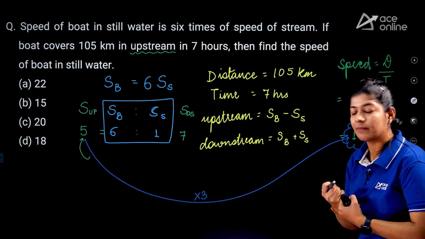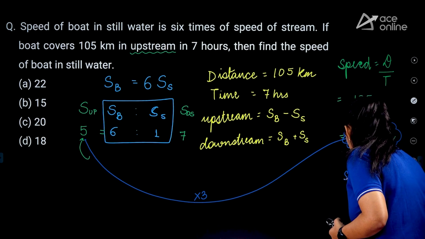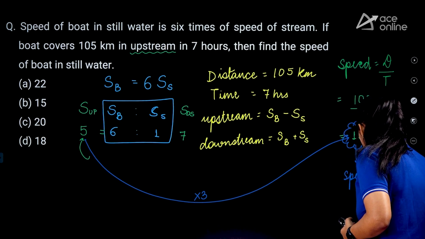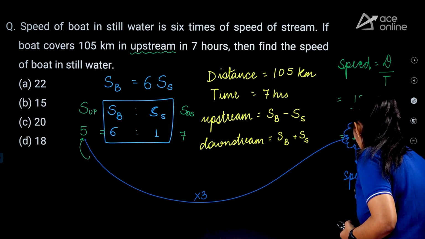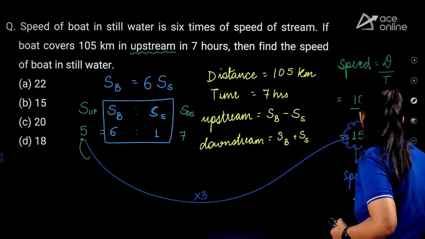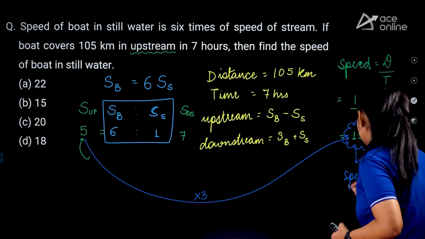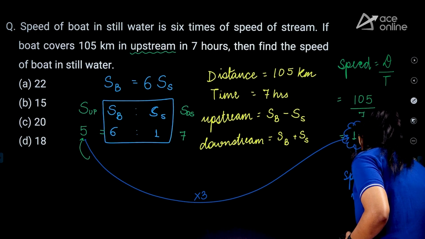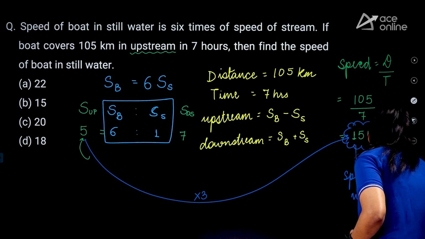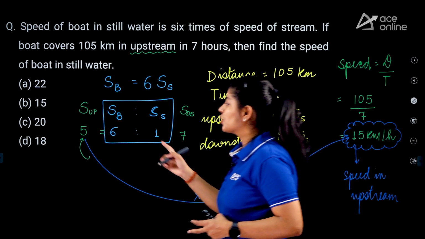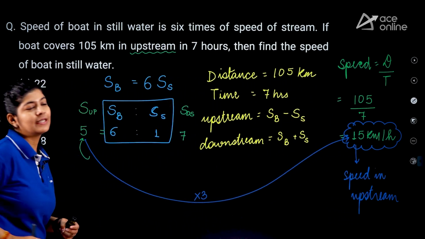So basically we can say that this is the speed in upstream, not in downstream. In upstream, right? And according to our ratio, it should be 5.